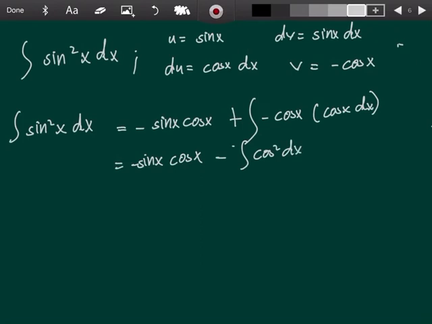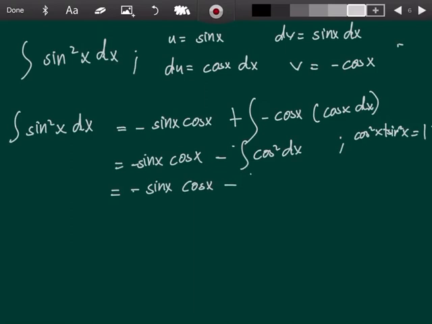So, mas mahirap kaya yung ginawa natin, that is cosine squared dx. So, gagawin natin ng diskarte to. Properties class ng trigonometric function na sine and cosine. Negative sine x cosine x minus, we have what? Yung property na cosine squared x plus sine squared x is equal to 1.